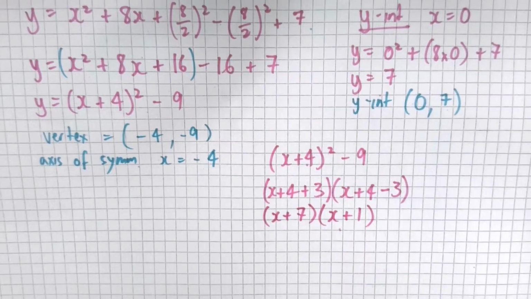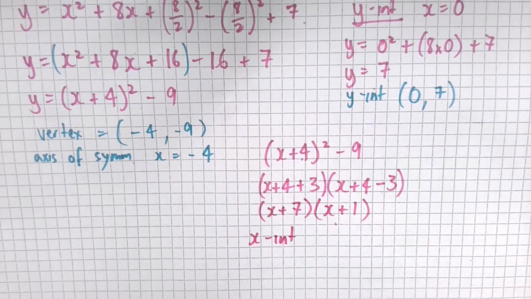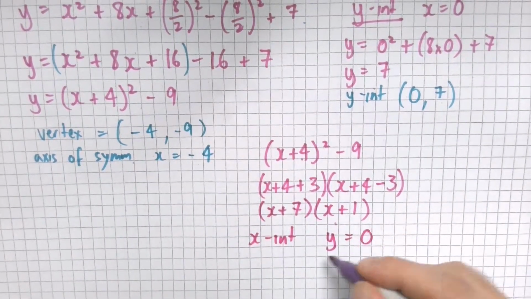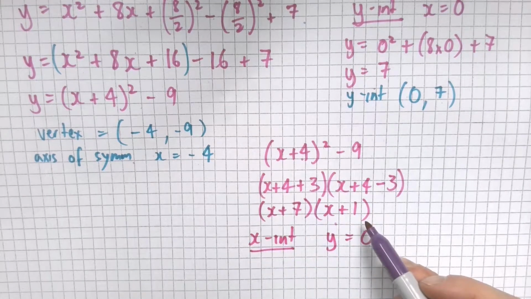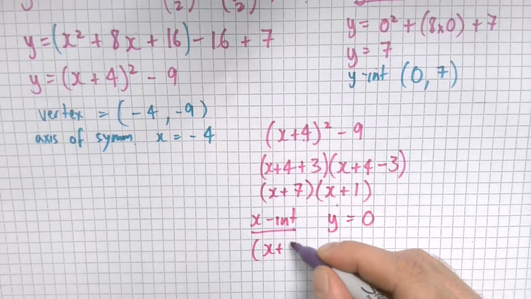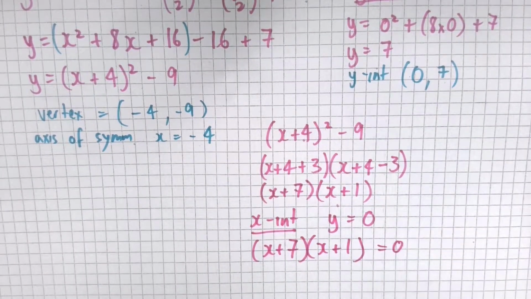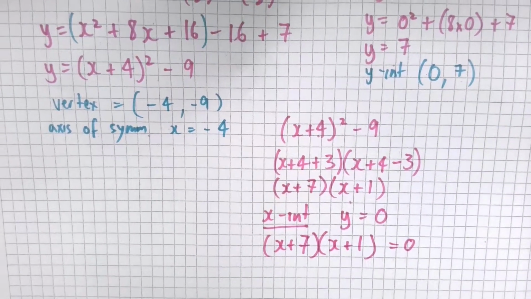Now, what we're actually doing is determining our x-intercepts. In this case, y is going to be equal to 0. So all of this is equal to 0. So (x plus 7)(x plus 1) is equal to 0. And this is where the null factor law comes into practice.